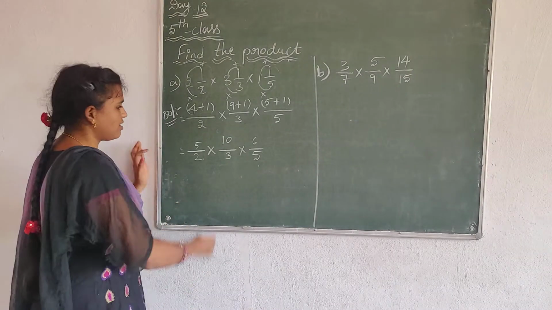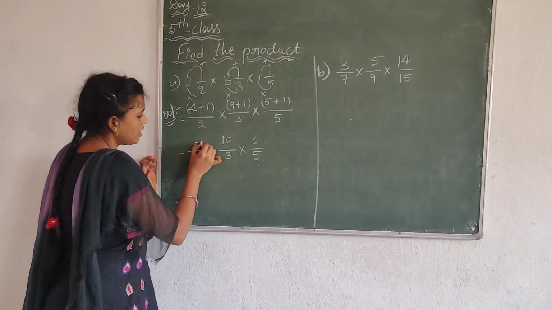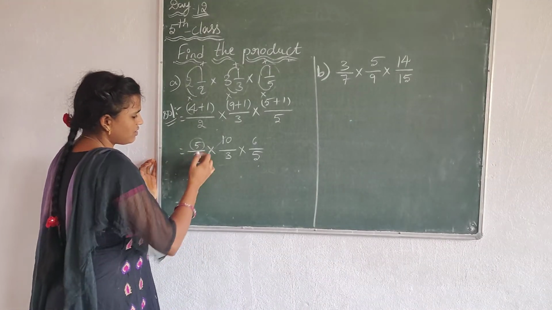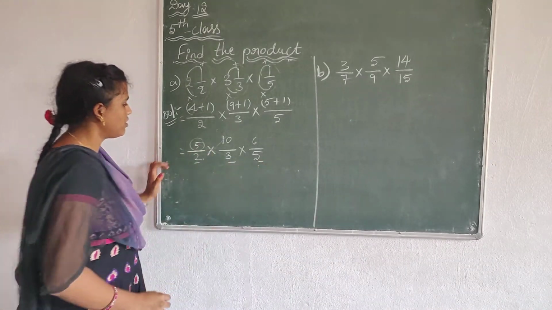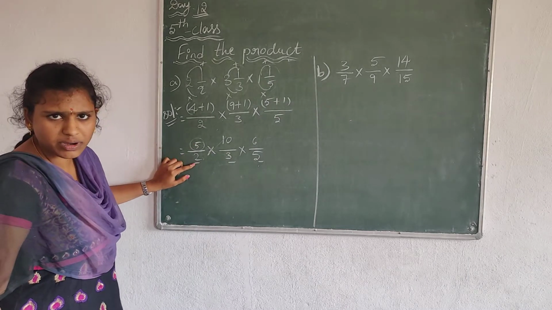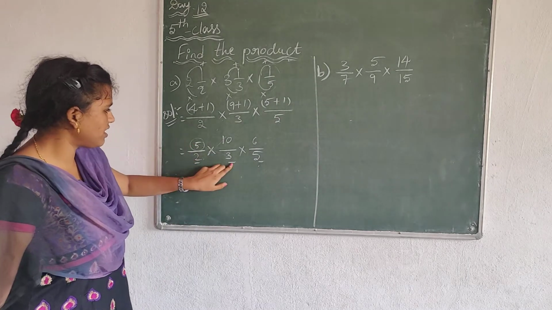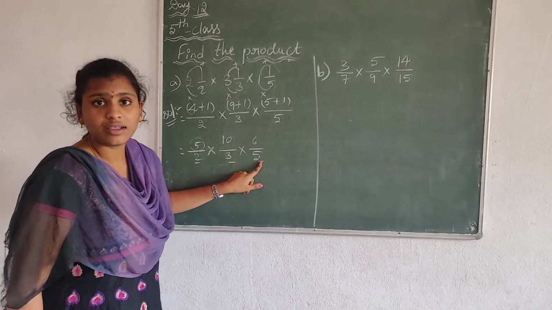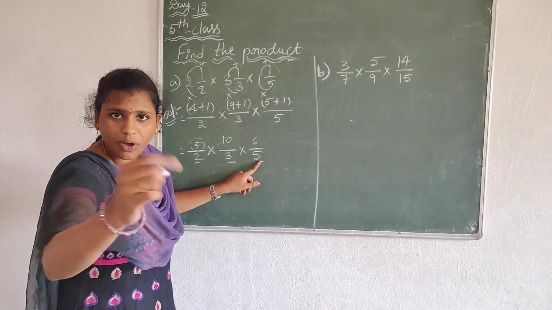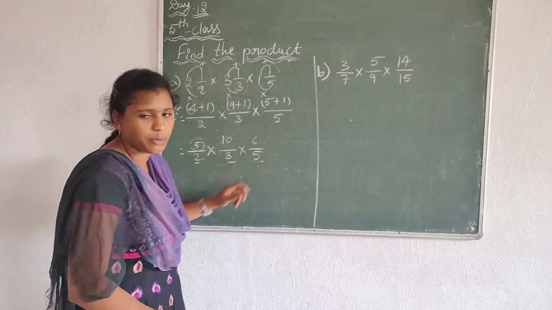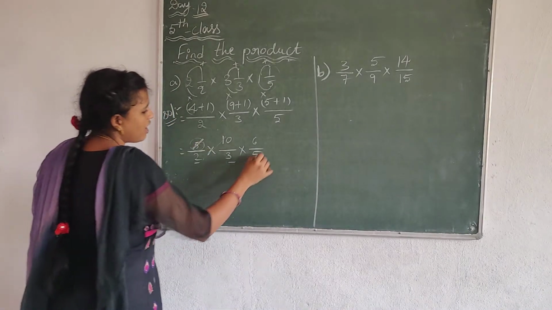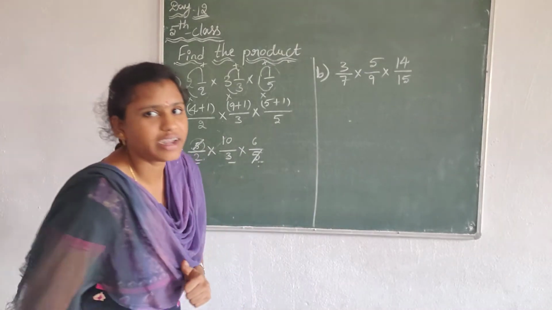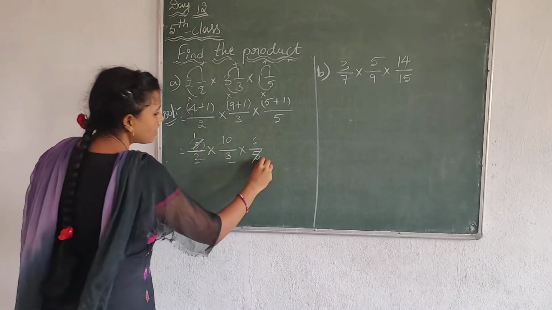Let's cross-cancel. First take this numerator, 5. 5 and 2, is it cancelled in any common table? No. 5 and 3? No. 5 and 5? Yes, these two are cancelled in a common table. What is the table? 5. So these 5 and these 5 will cancel in the 5 table, 1 time each.